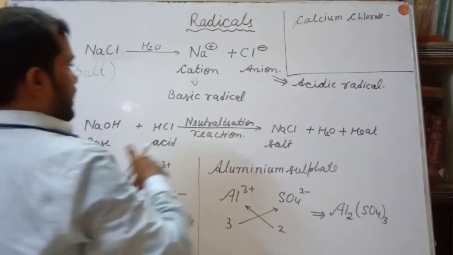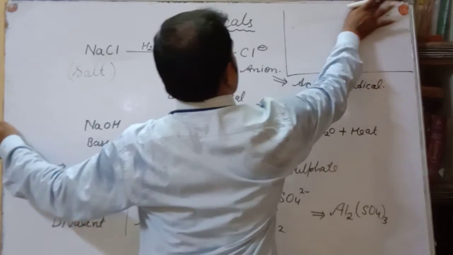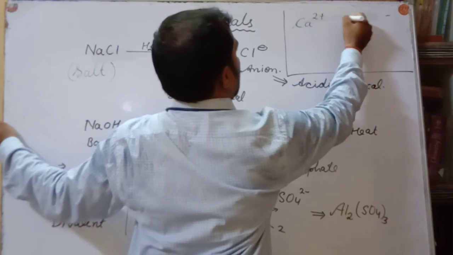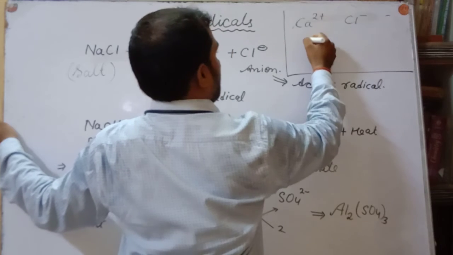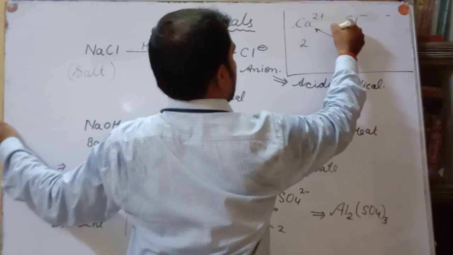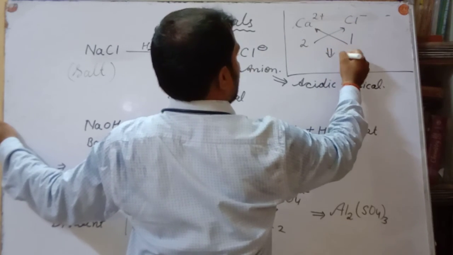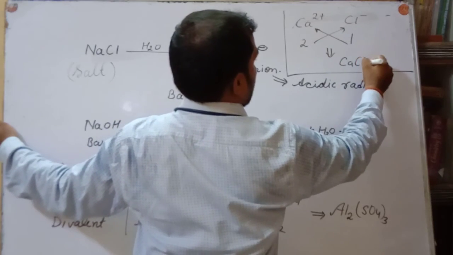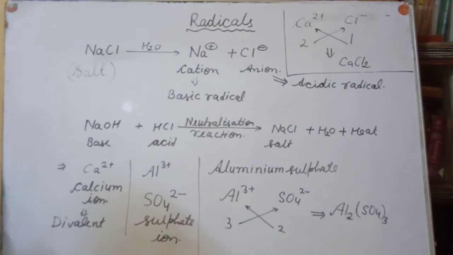You see this is Ca2+ and Cl-. Here 2 charge, 1 charge, cross multiplication. You will get calcium 1 time, and Cl you will write 2 times. So this is the calcium chloride formula, CaCl2.